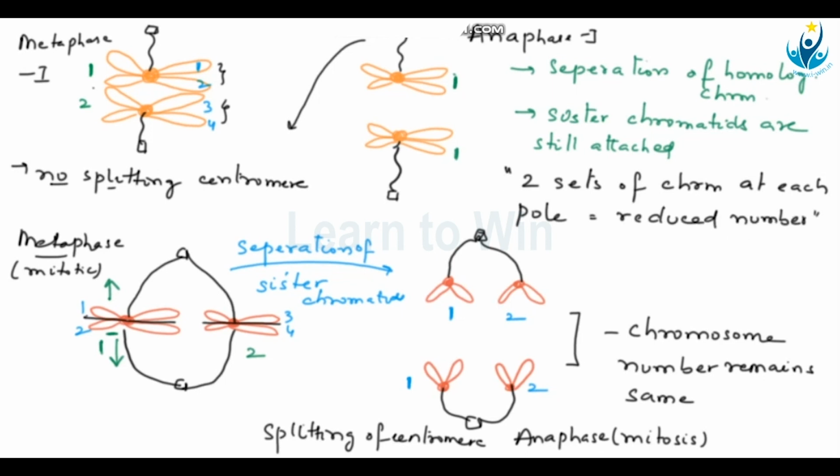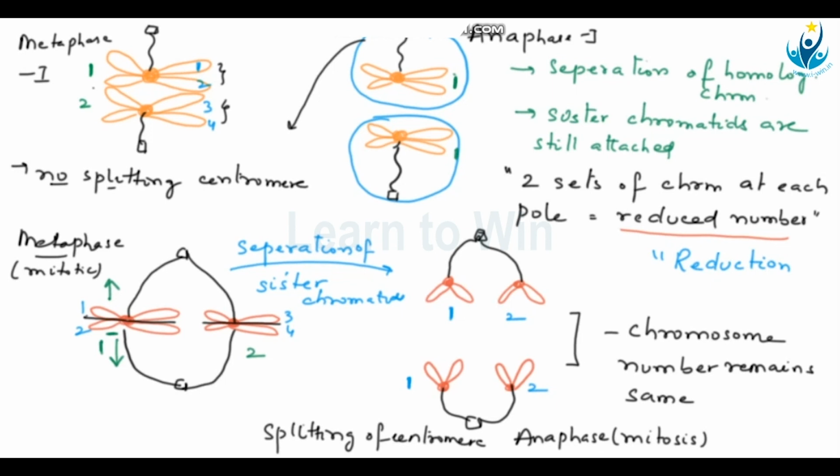If you consider this one to be pole 1, on pole 1 you have only one chromosome, and in pole 2 you have only one, whereas you are supposed to have 2 in pole 1 and 2 in pole 2, but that does not happen here. So this is the actual stage of reduction.